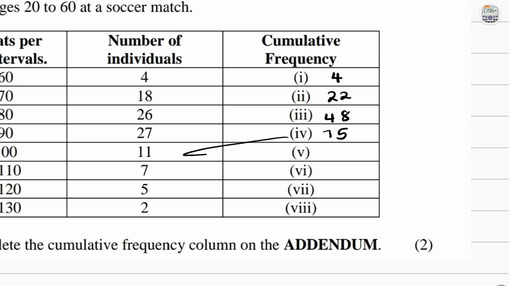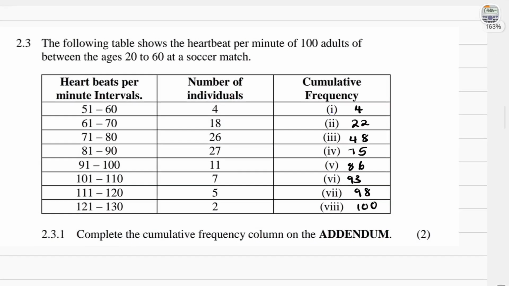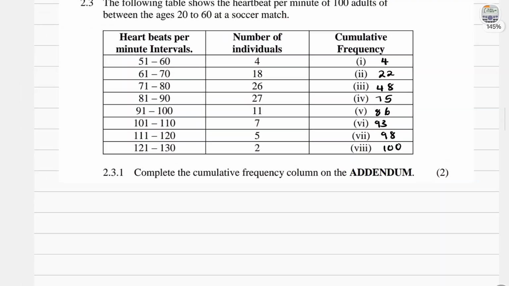Then 75 plus 11 gives us 86. Then 86 plus 7 is 93. Then 93 plus 5 is 98. And finally 98 plus 2 is 100. So there's our cumulative frequency column completed.